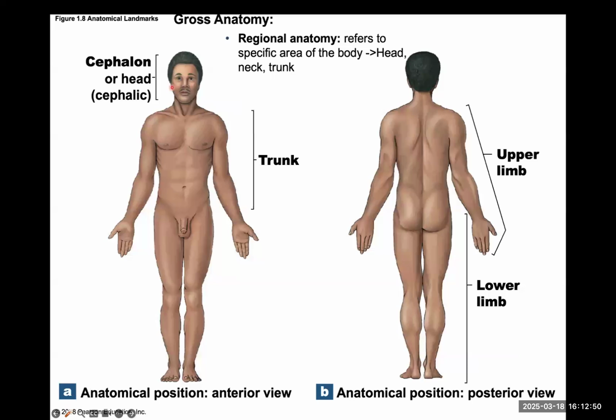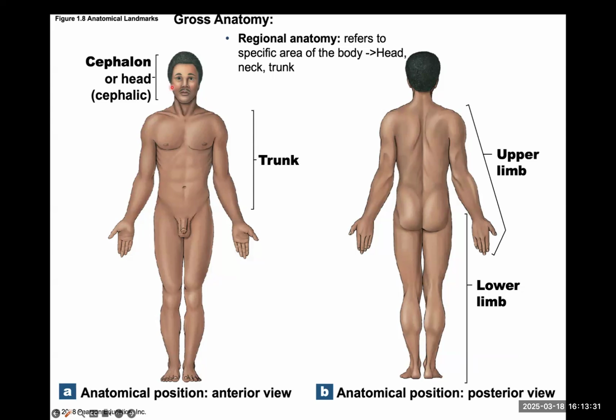You don't refer to the head just with the cephalic word, but you might see the word cephalic in a nerve, or a muscle might be named with the word cephalic in it. Maybe a blood vessel that goes through that area will be named with the word cephalic in it. As long as you know what the word cephalic means, you will know that this is the area where this can be found. It has something to do with the head.